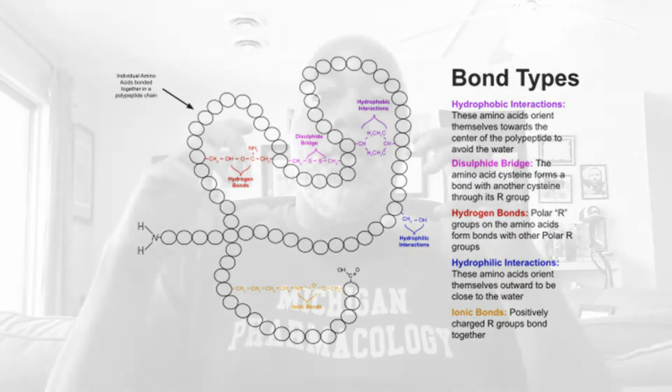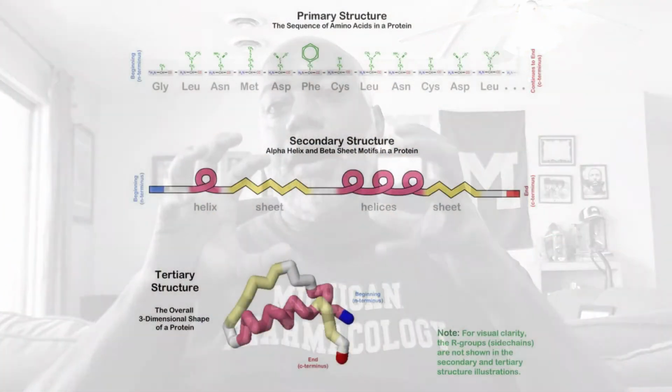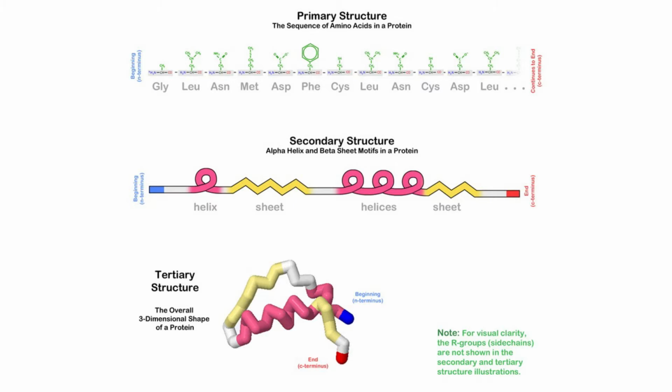And then also, as I stated before, some amino acids are hydrophilic and some are hydrophobic. So those hydrophobic amino acids, those ranges of the structure, oftentimes will organically orient themselves towards the interior, while the hydrophilic amino acid regions will orient themselves to the periphery of the protein.